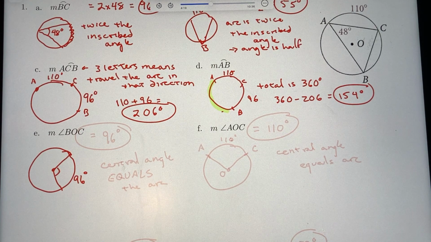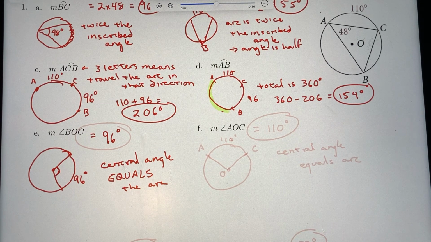And so the central angle is the definition of the arc angle; it's the same as the central angle. Okay, and AOC, same thing.